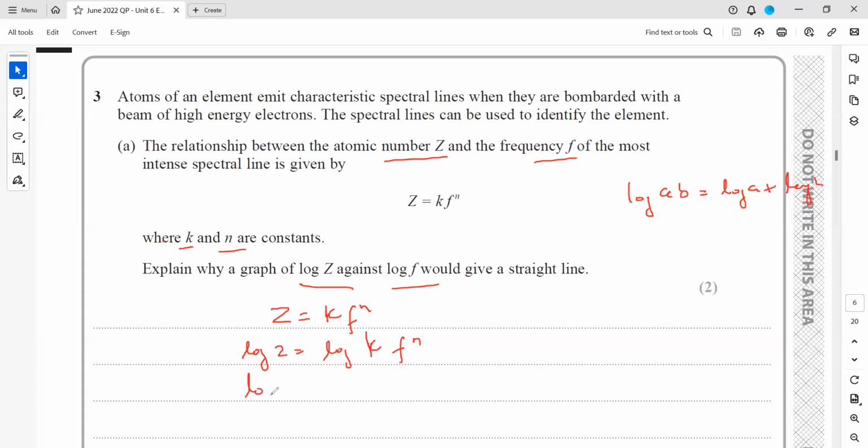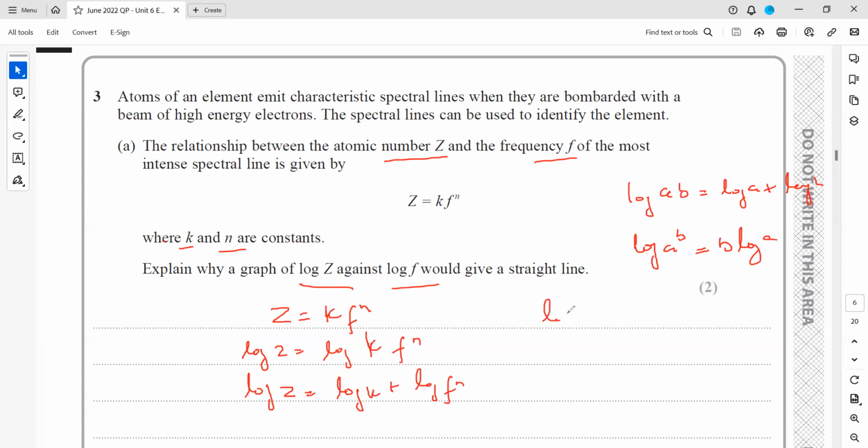So log z is equal to log k plus log f raised to power n. And whenever in a log something is a power, we write it as a coefficient, so b log a. So this will become n log f.